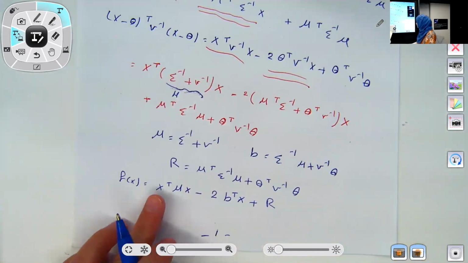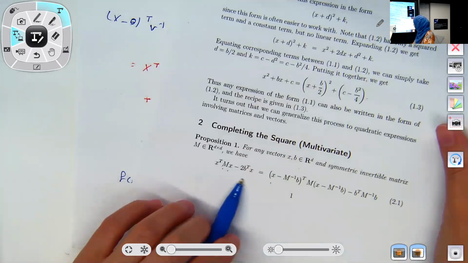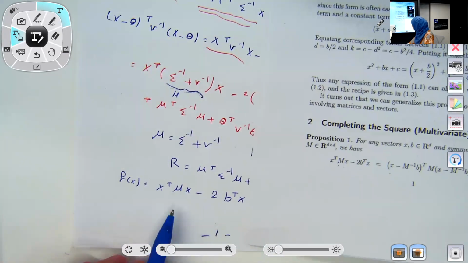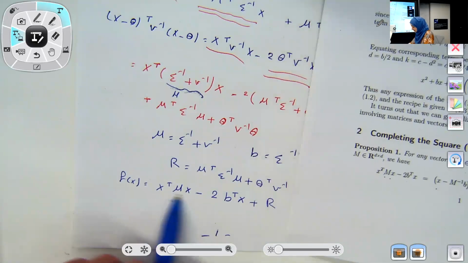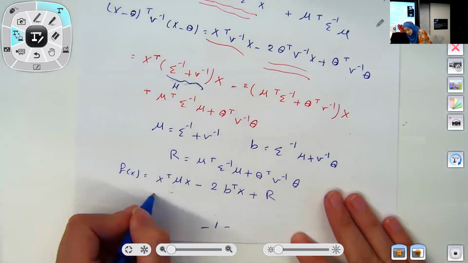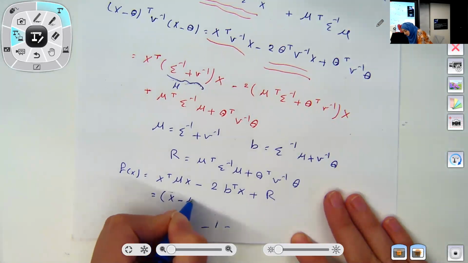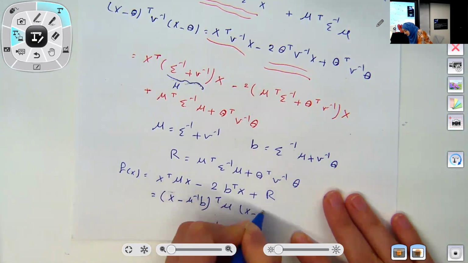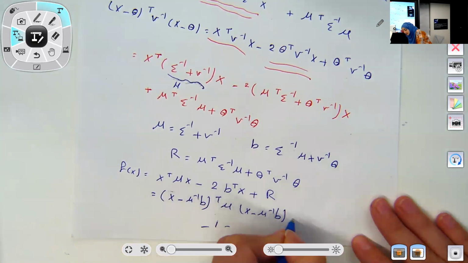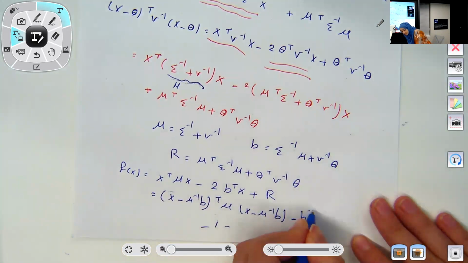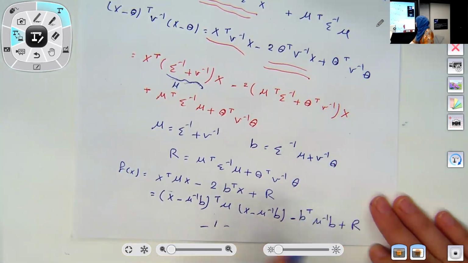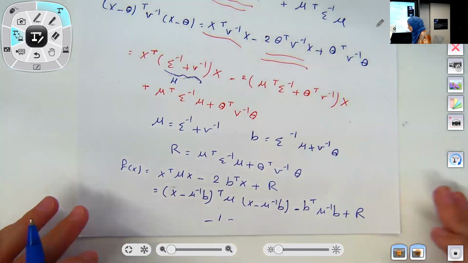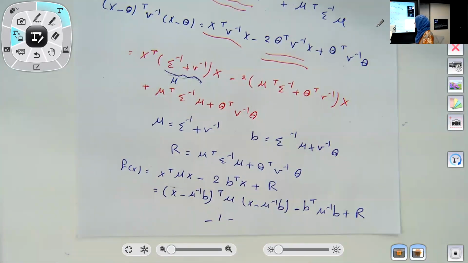And this part is the same as what we get here. So we just need to expand this part and write it as (x minus M inverse B) transpose times M times (x minus M inverse B) minus B transpose M inverse B plus R. So this is the sum of two quadratic forms. If you need to find the sum of two quadratic forms, you will get this answer.